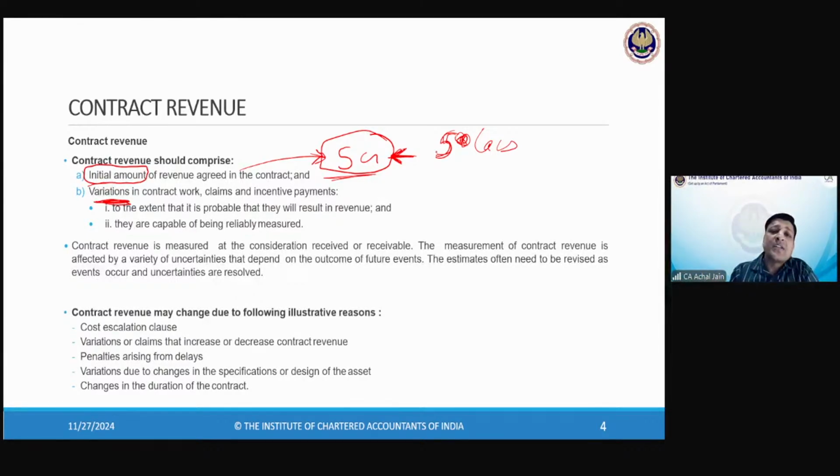That could be in the form of variation, incentive, or all of these things. Now, in relation to variation, another thing which is very commonly seen is cost escalation. Now let's try to understand cost escalation. So what is a cost escalation?